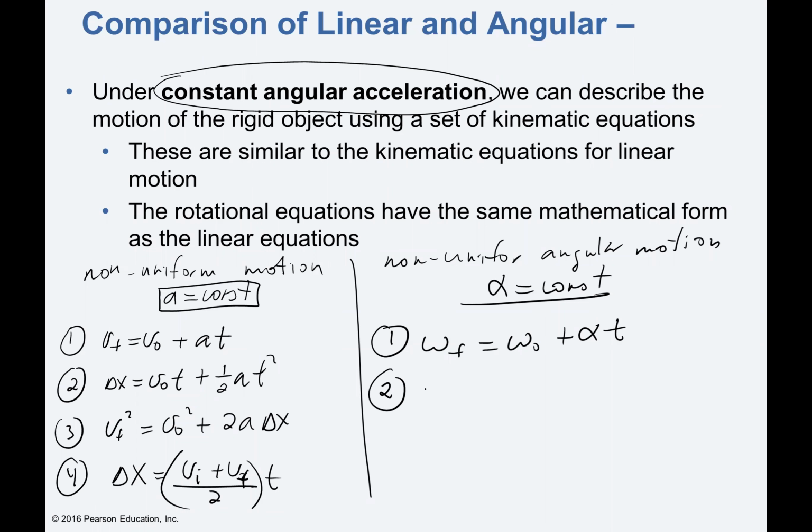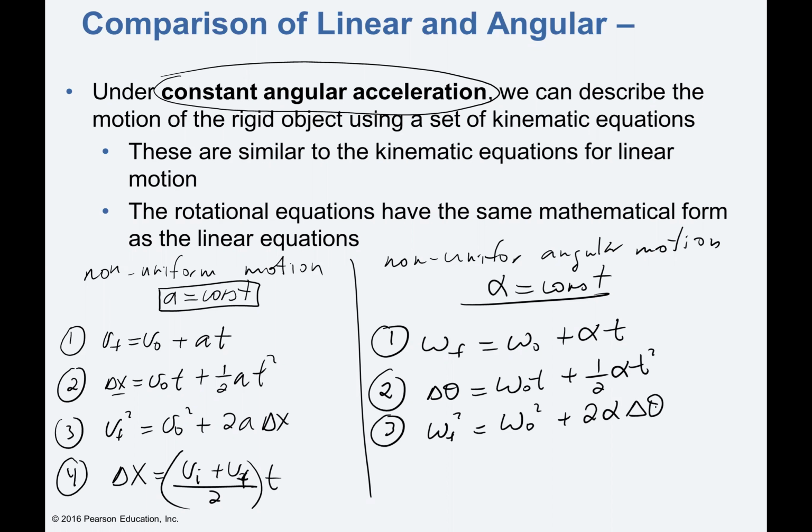Here's equation 2. Angular displacement equals angular velocity initial times time plus 1/2 alpha t squared. Equation 3, omega final squared equals omega initial squared plus 2 times alpha times delta theta.